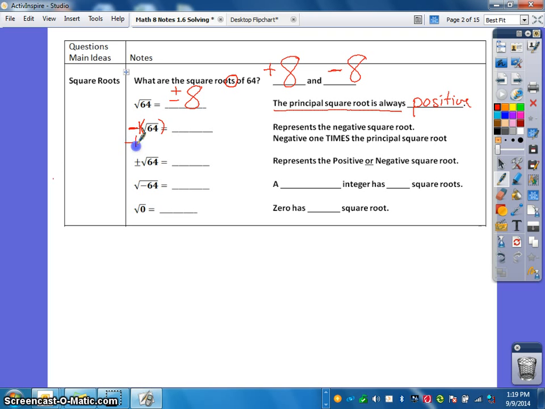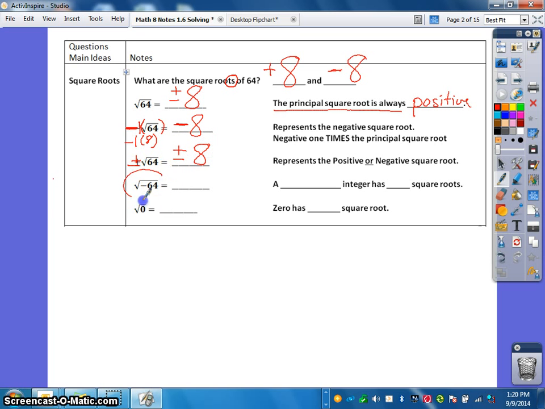So now we have a negative 1 times 8. What does that equal? Negative 8. All right, so that negative out here makes this answer a negative 8. Now they ask for the positive negative form of it. What's that going to look like then on our answer? Negative positive. Good job. Positive, negative 8.